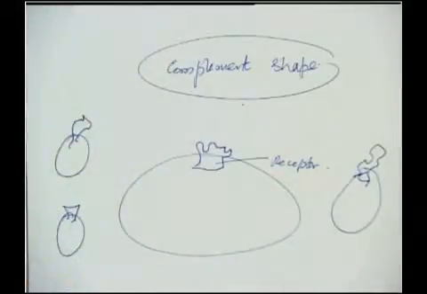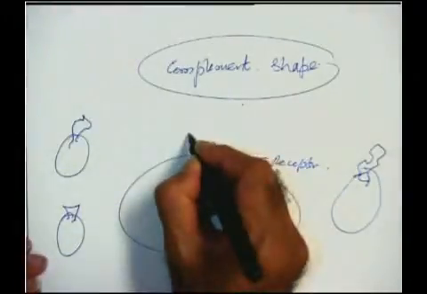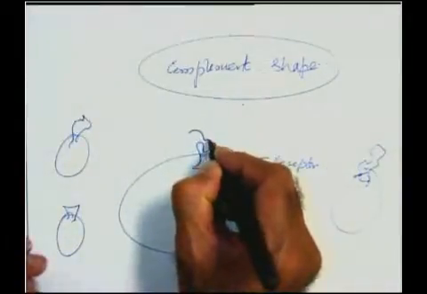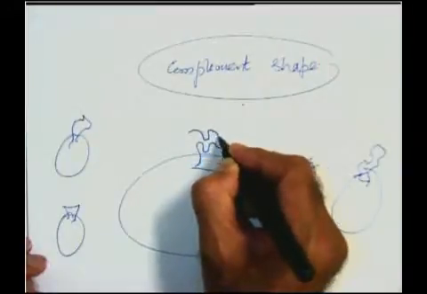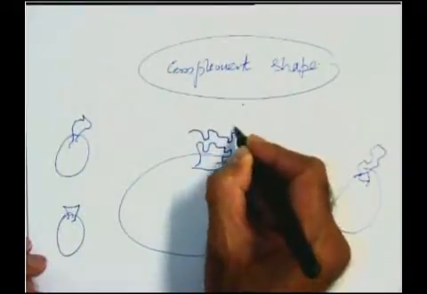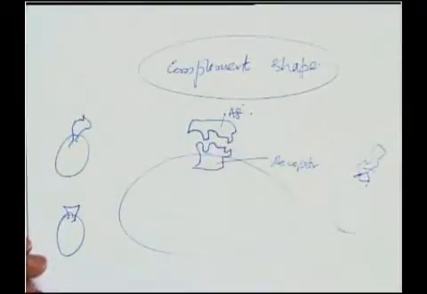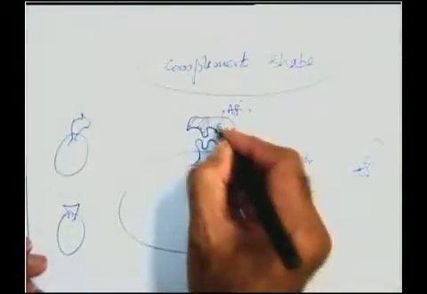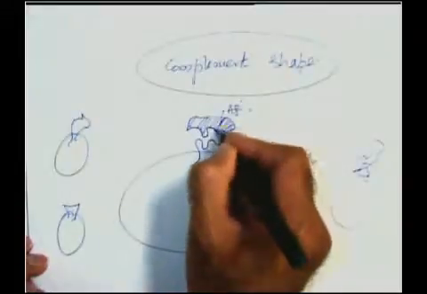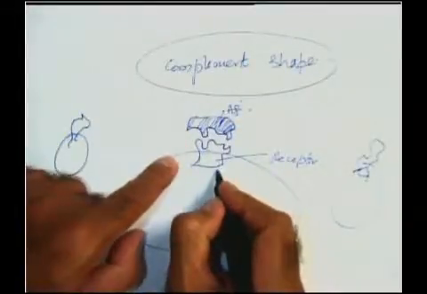So now there is an infection, and that infection of the bacteria will produce an antigen. The antigen shape is something like this. This is the antigen. And this antigen shape is something like this, and the receptor is like this.